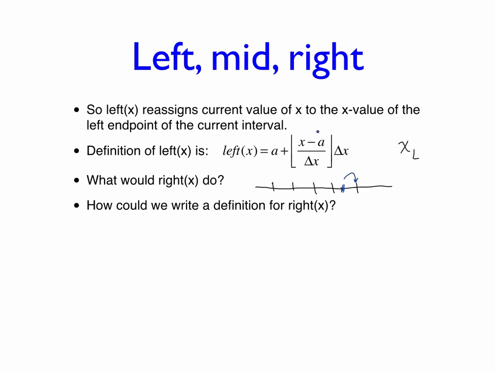So, okay, what did this mean again? What was the meaning of just x minus a? Why did we use x minus a? Anthony, what was x minus a? What did that represent?